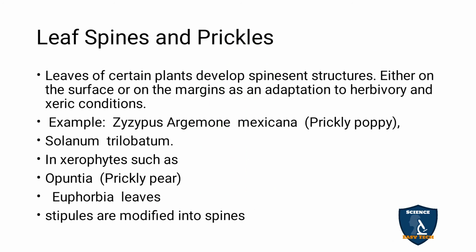Examples: Zizyphus, Argemone mexicana, that is prickly poppy, Solanum trilobatum, Thuduvalai. In xerophytes, Opuntia, prickly pear, and Euphorbia, the stipules are modified into spines. This spine structure seen in the margin is helpful to protect from herbivorous animals.